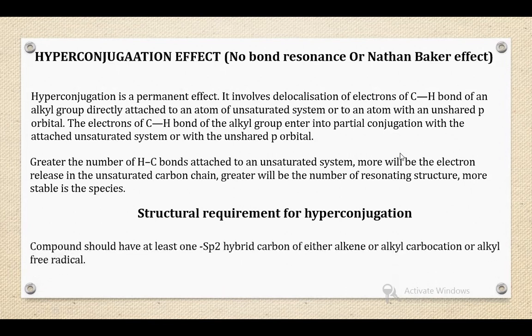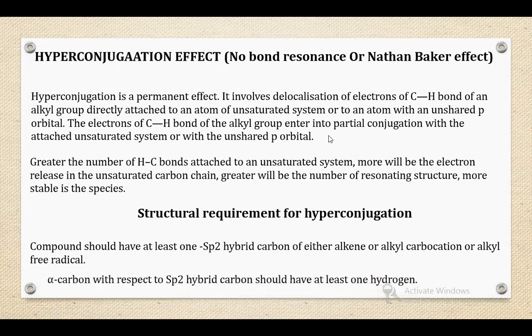What are the structural requirements? The compound should have at least one sp2 hybrid carbon, that is, either a double bond as in an alkene, or an alkyl carbocation, or an alkyl free radical.